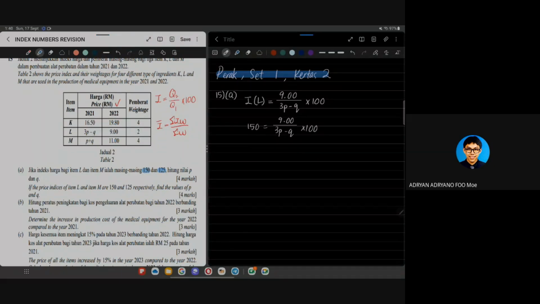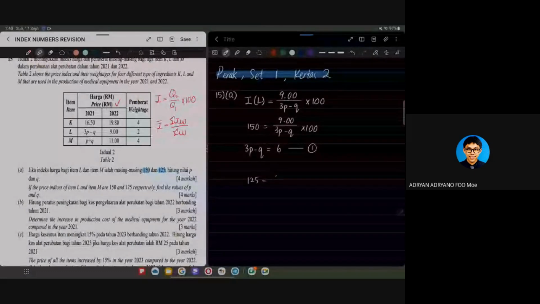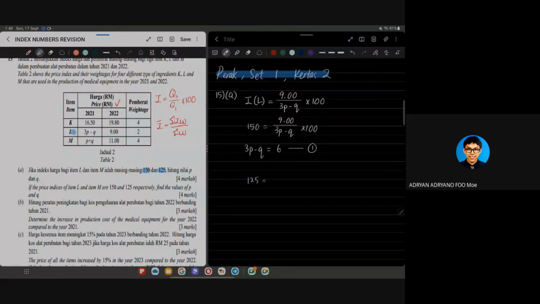Okay, so 3p minus q equal to, 我直接算了哈 you will get 6. Okay, this is the first equation. Okay, now I know that 我会做 simultaneous, 代表我另外一个 value. 所以 125 是 M 的，所以我看 L 跟 M 罢了, L and M only.